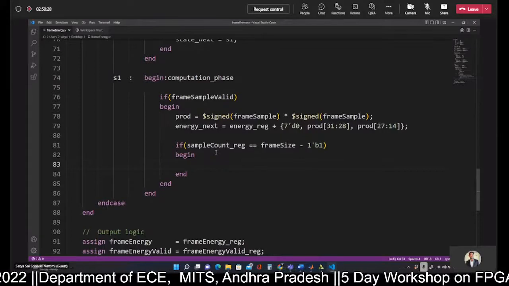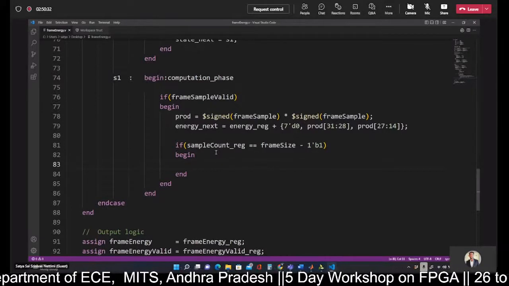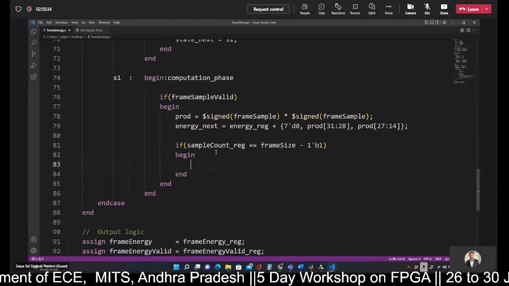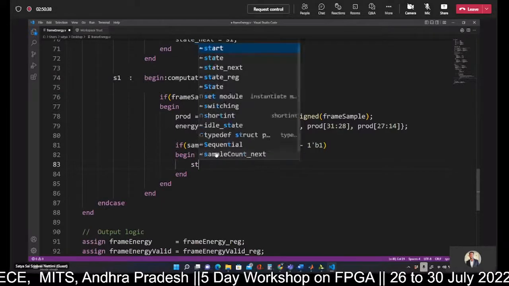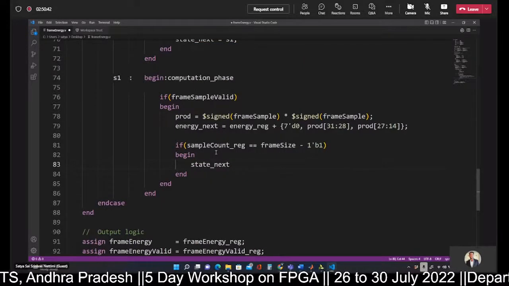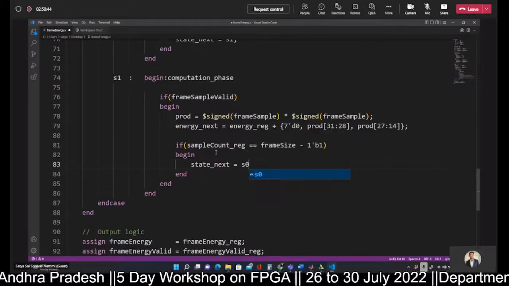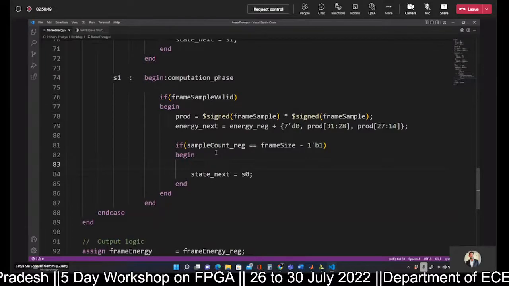So in that case, it has to end the computation of frame energy and go back to the S0 state. To go back to the S0 state, we have to make state_next equal to S0. So this is one thing, to make the state transition.